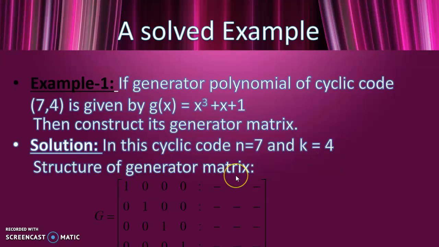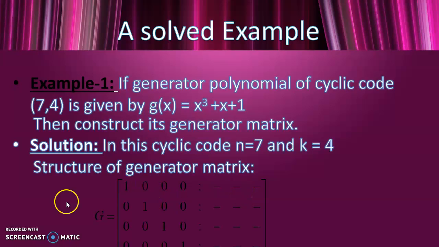So the structure of generator matrix will be n number of columns and k number of rows. Here the format will be like this: G equals identity matrix in the first part and parity matrix in the second part. So the first 4 bits of the generator matrix will be regarded as identity matrix, and the next 3 bits represent the parity matrix.